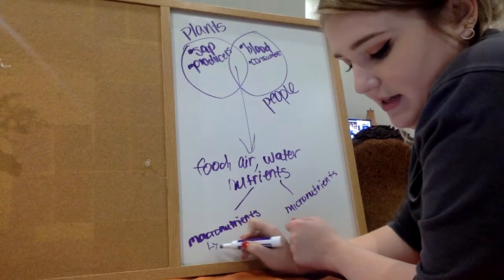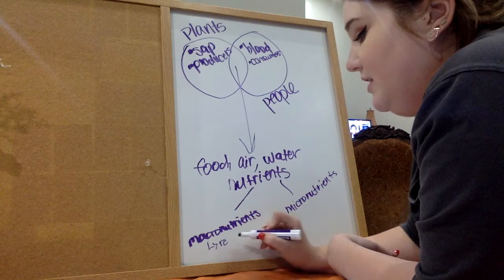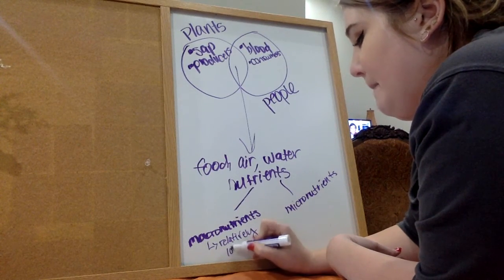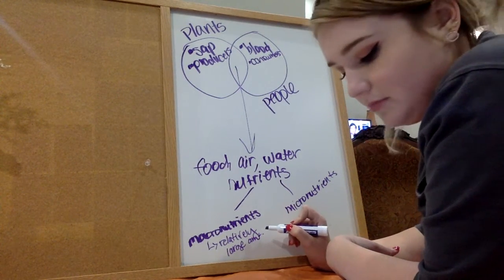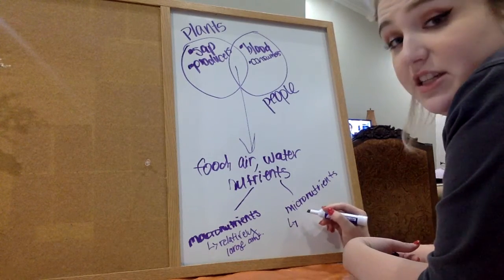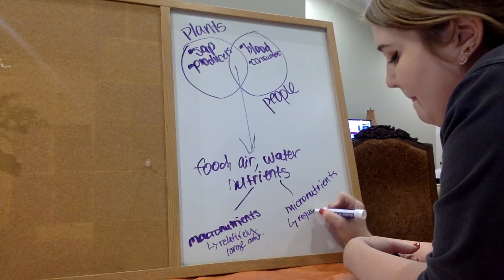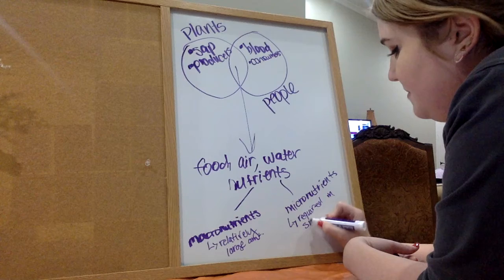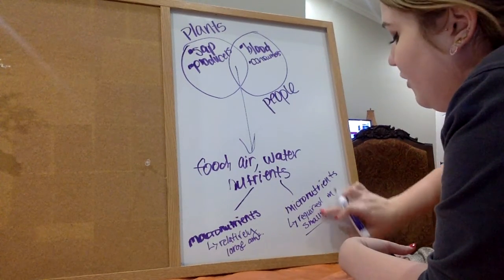Our macronutrients are nutrients that need to be present in a relatively large amount to support the health of the organism. And then our micronutrients, which is the opposite of macro, are required in relatively small amounts to promote the health of the organism.